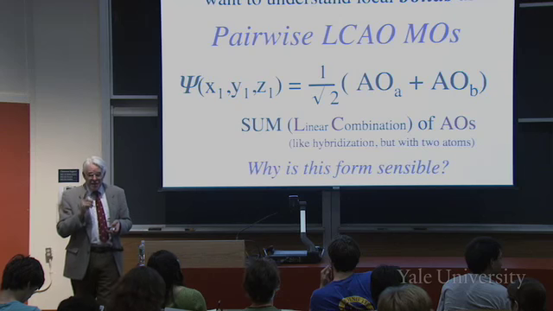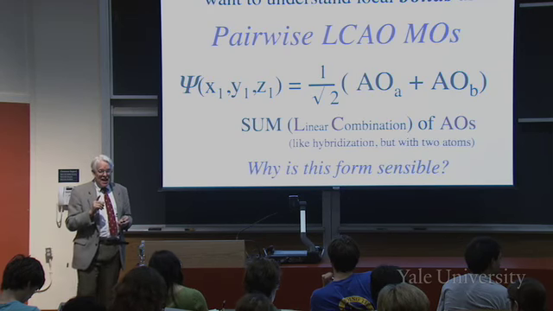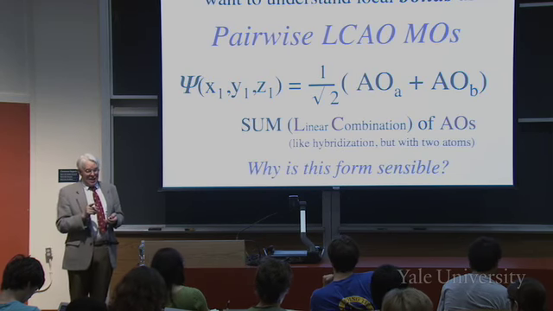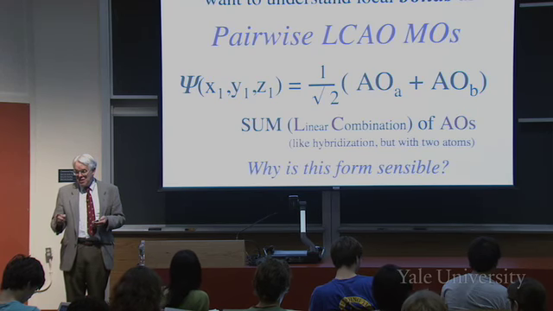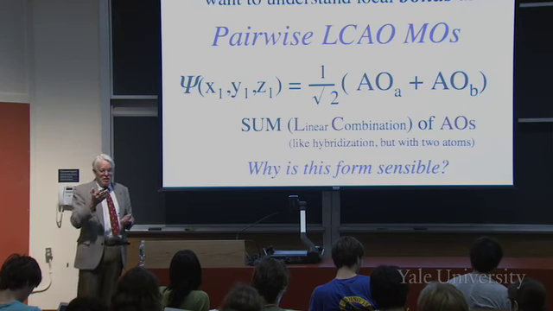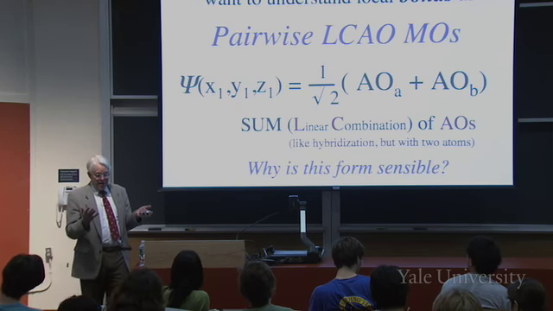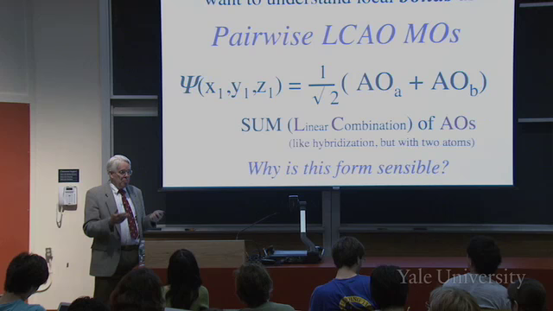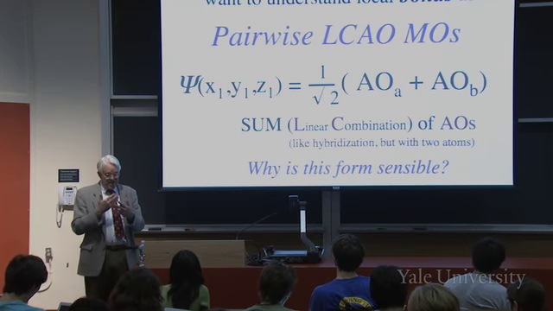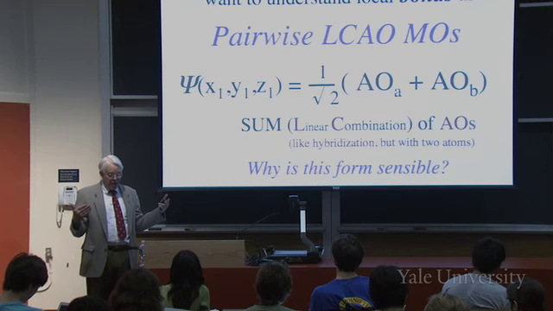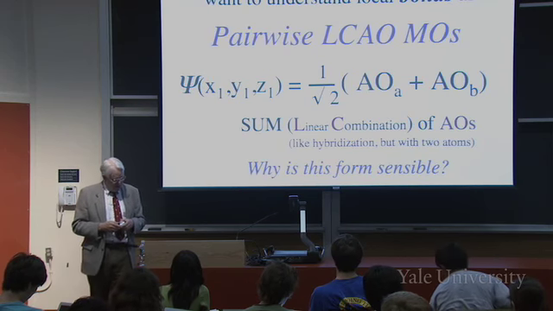But this is very different because we're adding orbitals that are on different nuclei, nucleus A and nucleus B. See the difference? Adding is just, the wave functions are numbers. We just add the numbers. But in the first case, hybridization, those two functions were on the same nucleus. Now they're on different nuclei, what we're adding together.